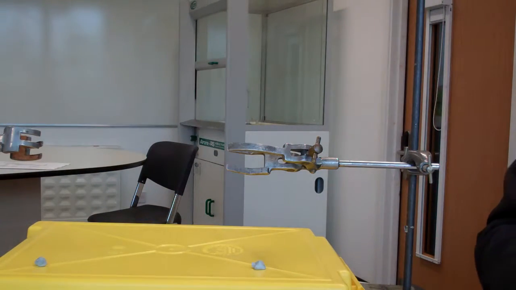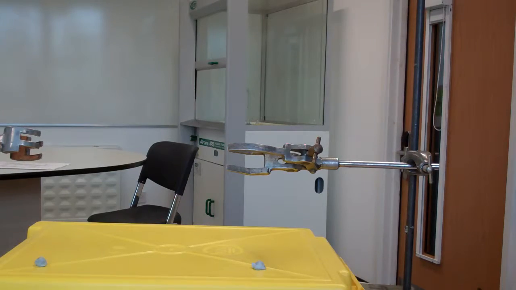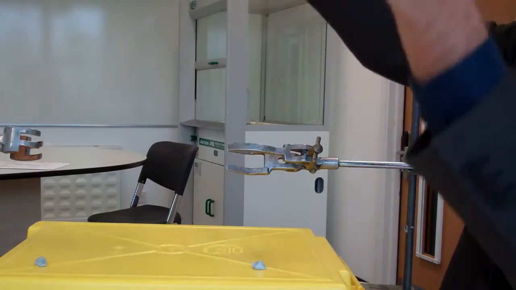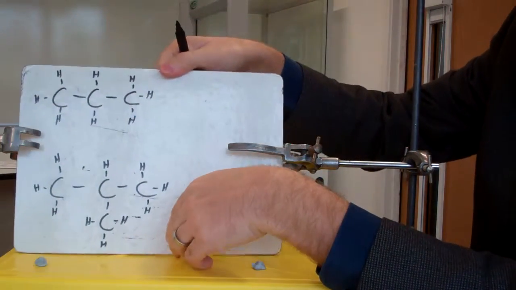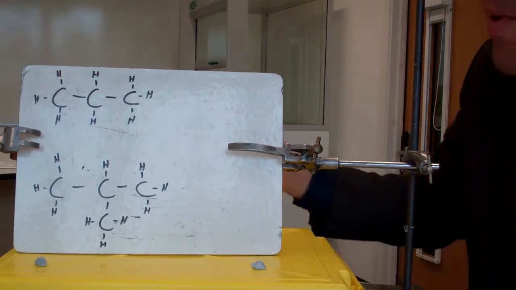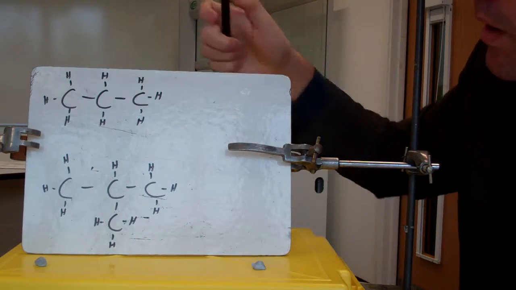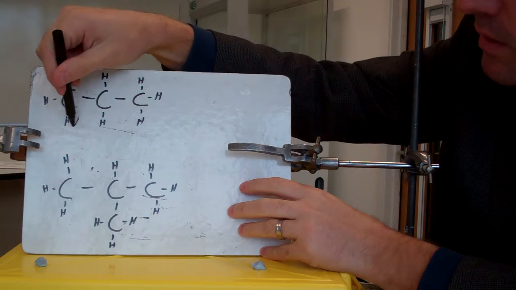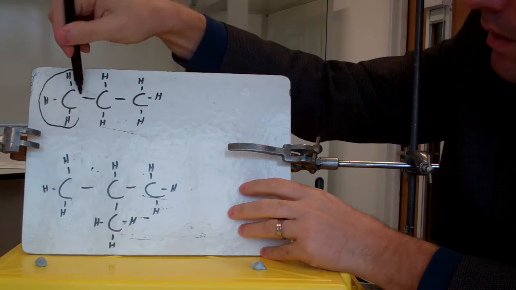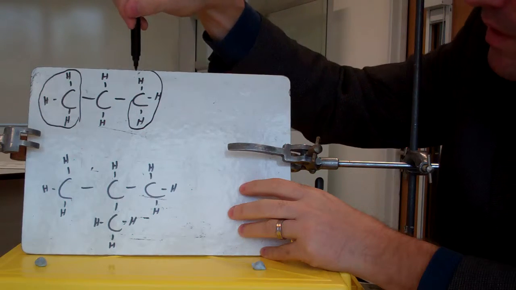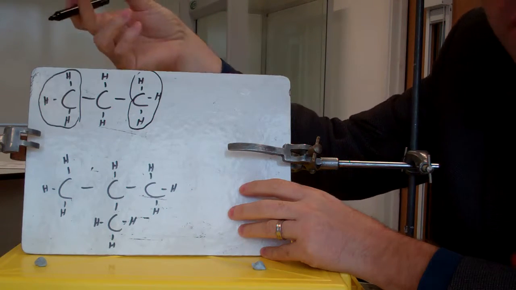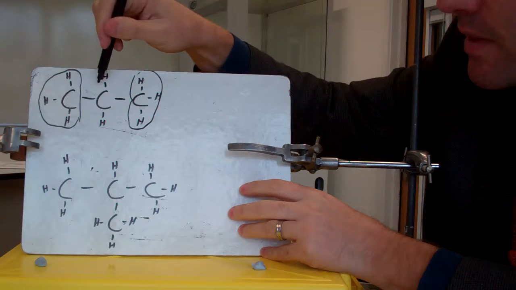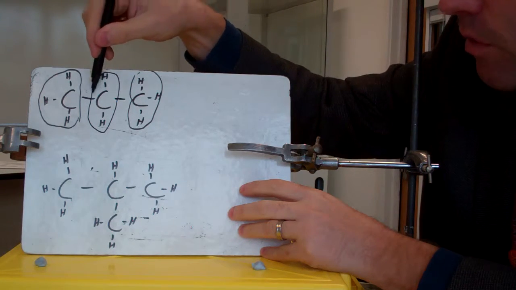Right, if we look at something a little bit more challenging. Here we've got propane. So propane, the two CH3s are in the same environment. I could flip it around, it'd be the same environment. And the CH2 here is in a different environment.